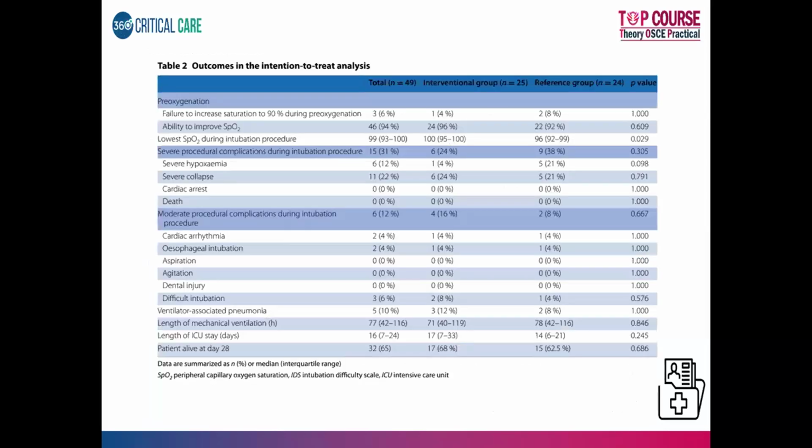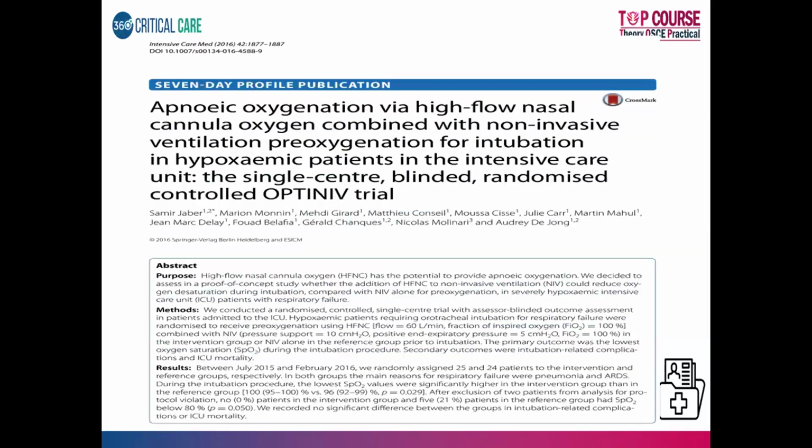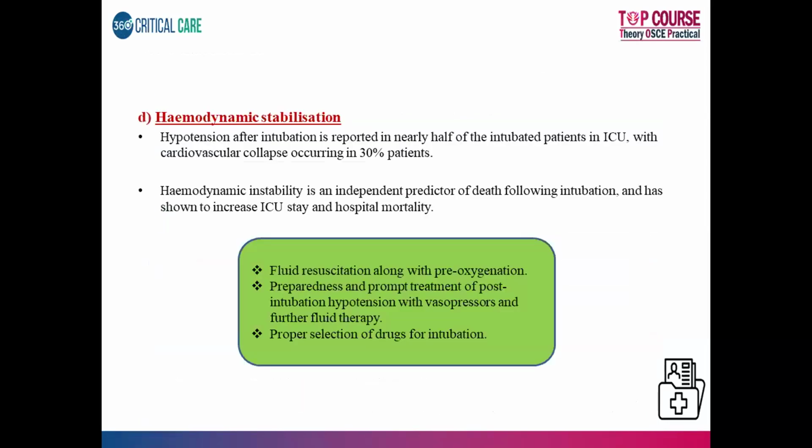There was no statistical significance in either the primary or the secondary outcomes. So you can use either one of them, not both together. They recorded no significant difference between the groups in intubation-related complications or in ICU mortality.